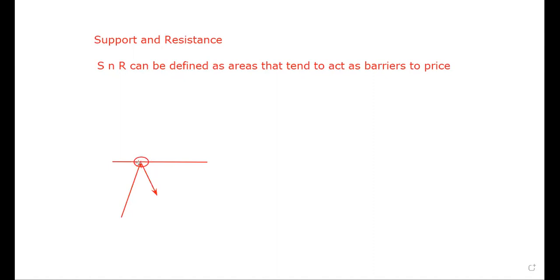Now, the question is, how do you identify this barrier as a trader? When you notice price has stopped at a particular point, take a horizontal line and draw a straight line at the point where price stopped. Then begin to look backward, look historical.